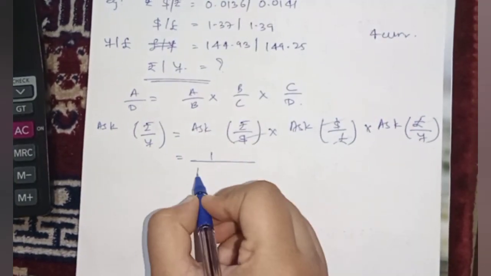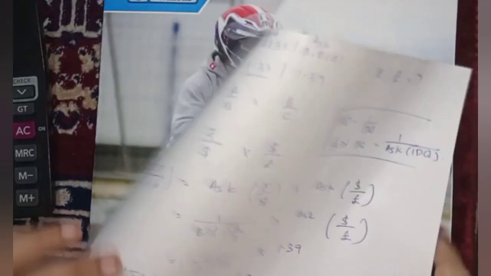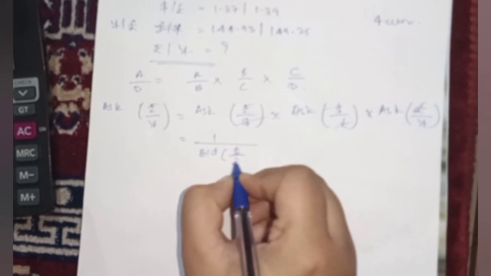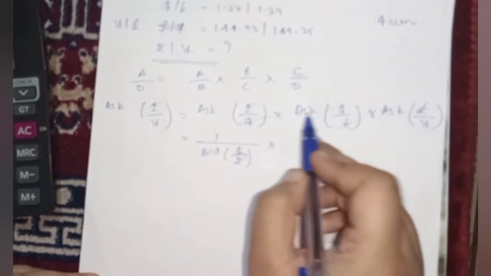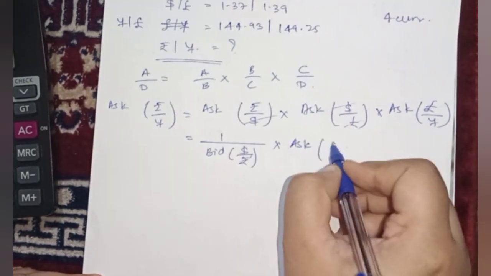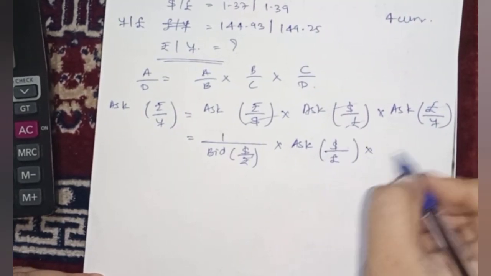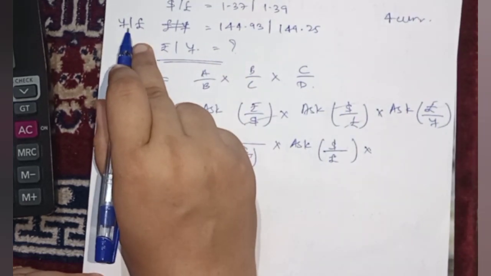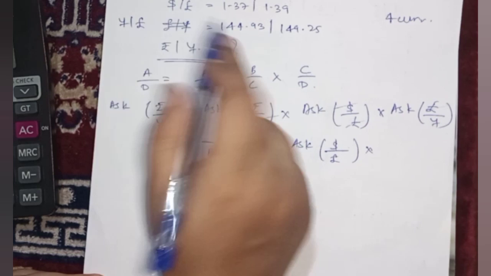So what we will do, these are the ask rate and this is the bid rate. So here the formula will use the interpretation of direct quote and indirect quote. We will do it as bid of dollar upon rupee multiplied by ask of dollar upon pound. Dollar upon pound is given, so we will write it as it is. Again ask of pound per yen, but we have been given yen per pound, so we have to reverse it here.